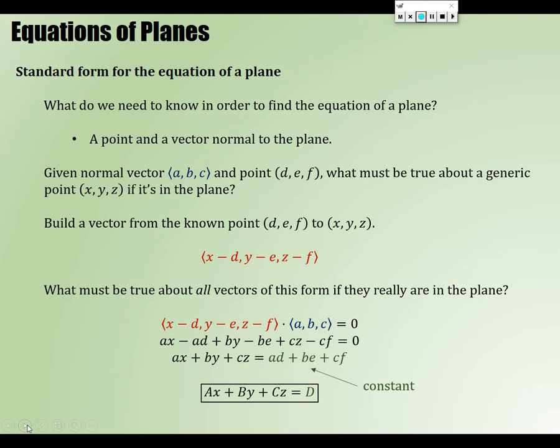Aren't those the normal? If someone hands you the equation of the plane, you have immediate access to what the normal vector is. Right there, boom, done. What is D? That's a little strange too. What is that? What is AD plus BE plus CF?